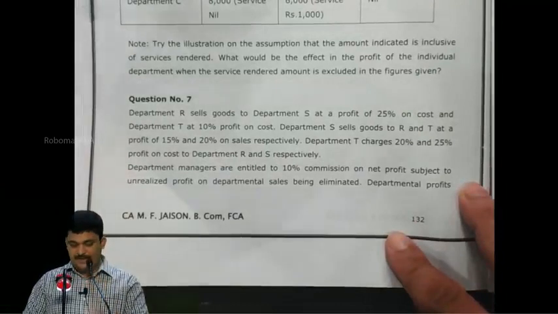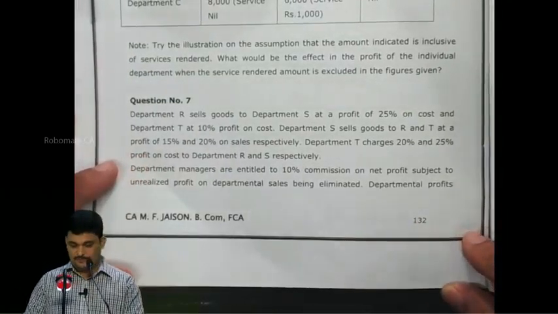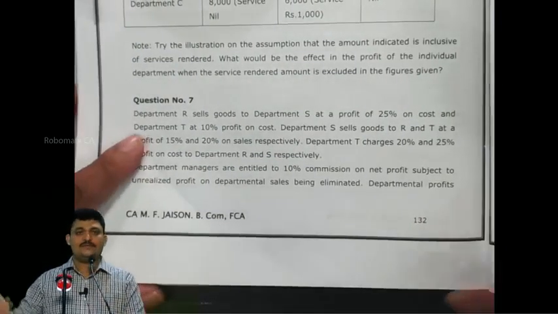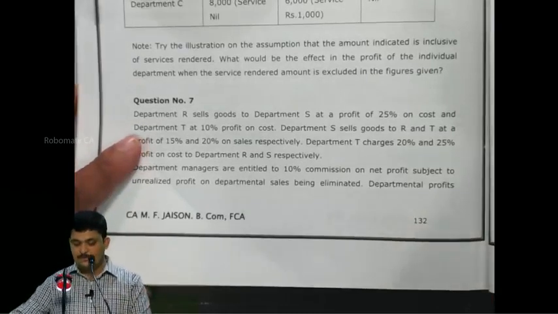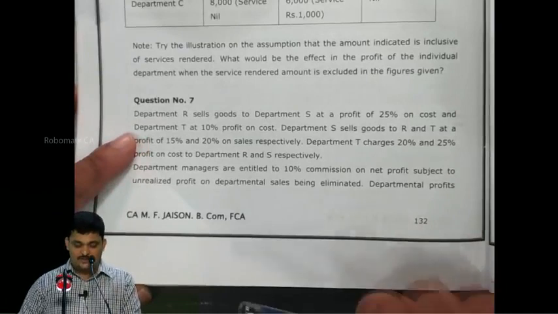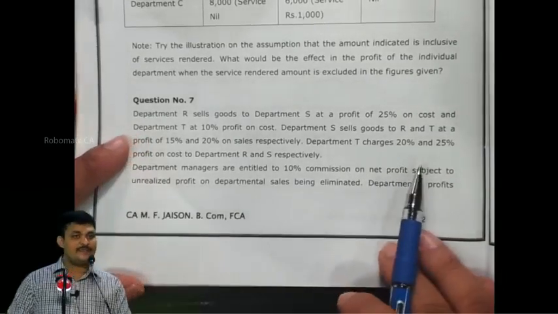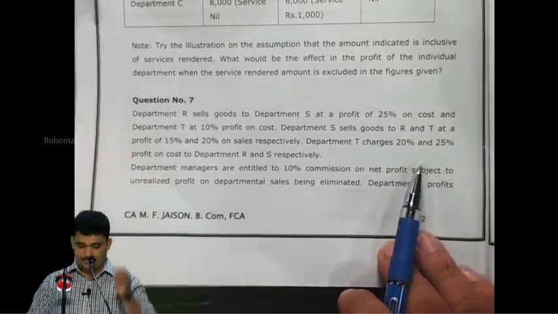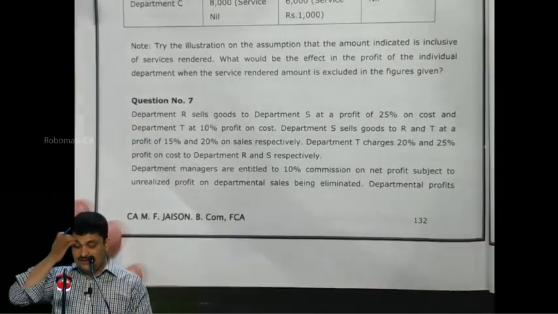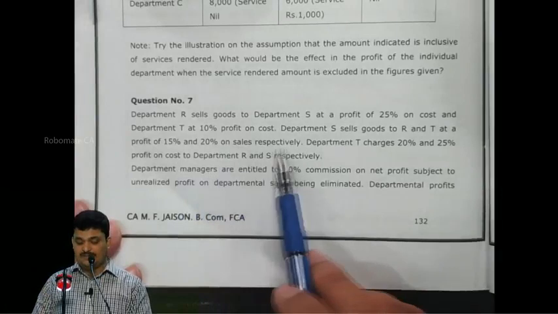Question number 7, page number 132. Department R sells goods to Department S at a profit of 25% on cost and to Department T at 10% profit on cost. Department S sells goods to R and T at a profit of 15% and 20% on sales respectively.